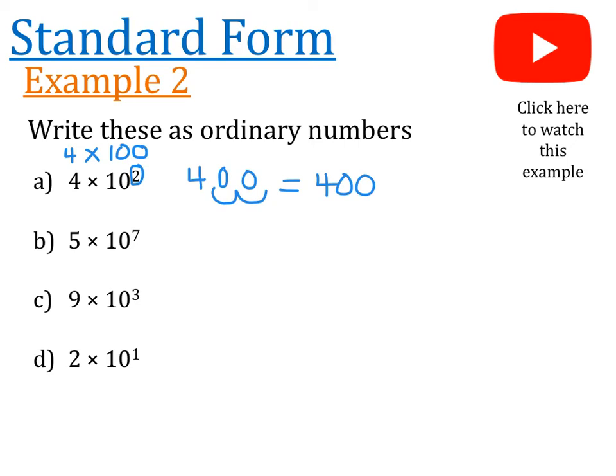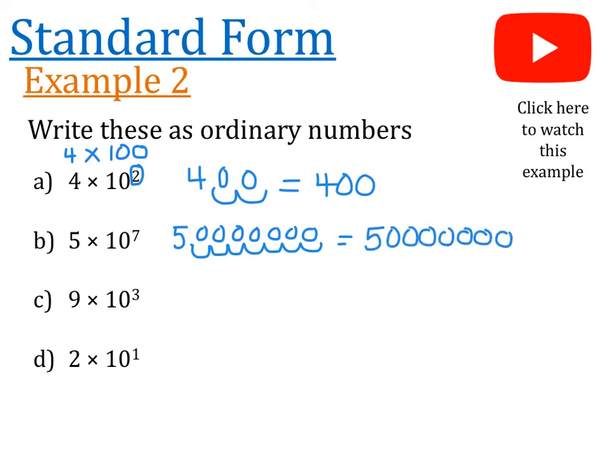All right, the next question says 5 times 10 to the power of 7. So that's 5, and then the decimal's normally right after the 5, and it has to move 7 spaces. 1, 2, 3, 4, 5, 6, 7. And all of those need to be filled in with zeros, and then we can write it a little bit more nicely. So we've got 5 with 7 zeros. Same thing with the next question.